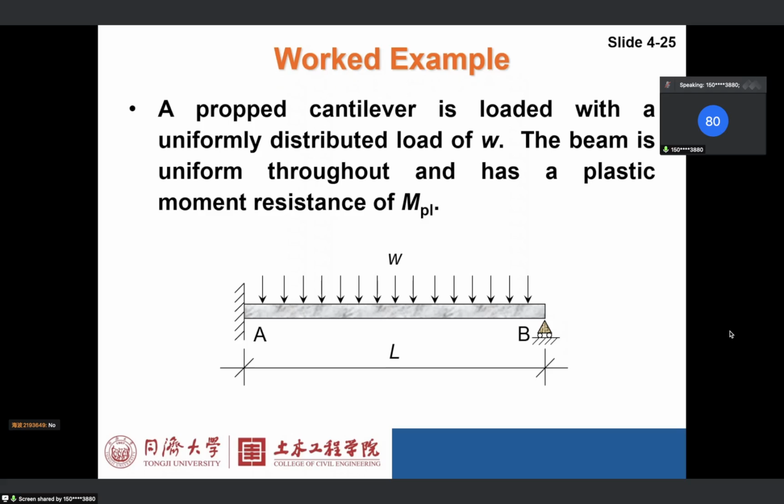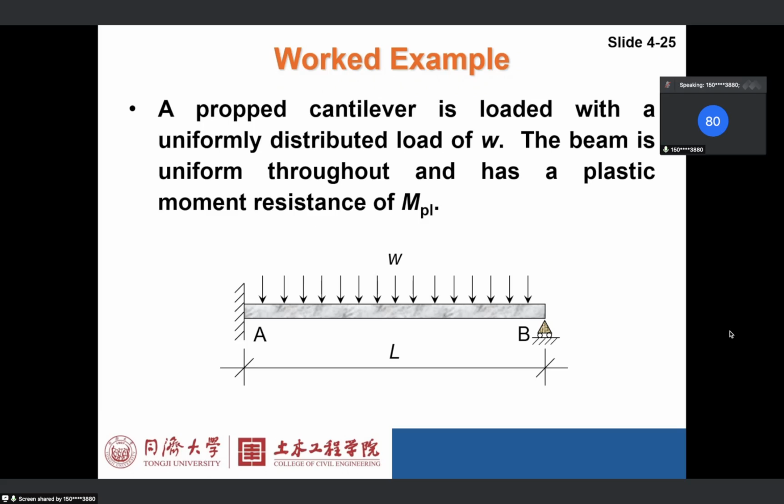Somebody said no. It's not at half of L, because it's not symmetrical, right? So it's impossible for it to be at half of L. It's somewhere near half of L, but it's certainly not half of L, because there is a moment at point A.